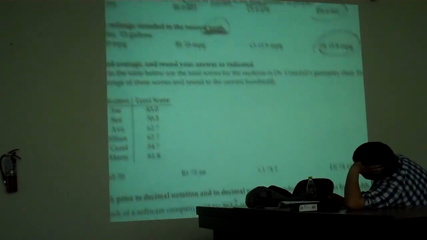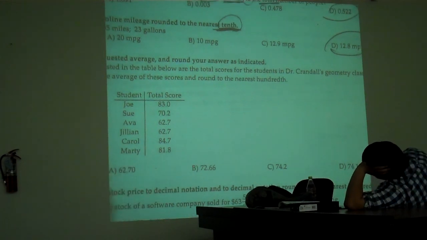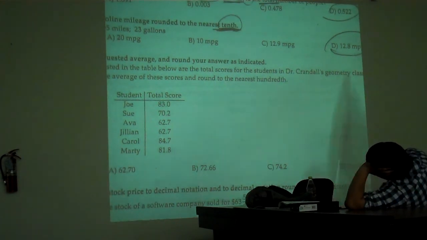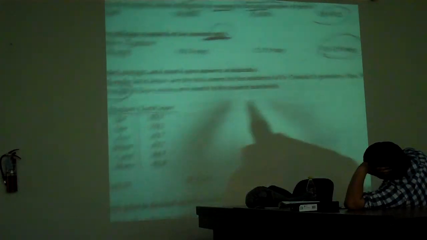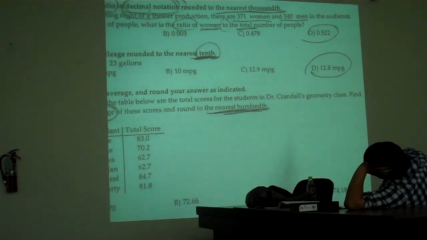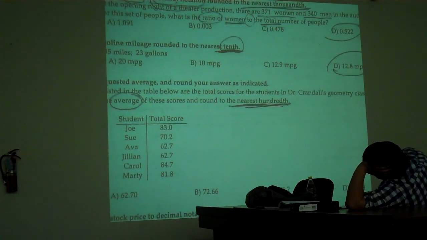Okay, number 74, listed in the table, shows the total scores for students in a geometry class. Find the average of the scores and round to the nearest hundredth. We're not going to actually do this, but how are you going to find the average?